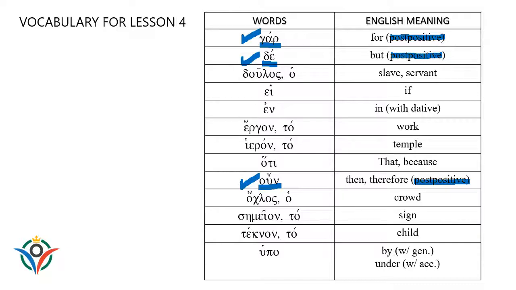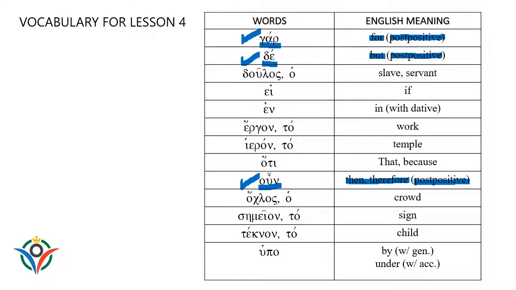It's a Greek word that cannot stand first in its clause, although it is usually translated first in an English clause. We would translate for, but, then, or therefore by placing those words at the front of the sentence. But in Greek, you'll never find gar, de, and un at the front of the sentence.